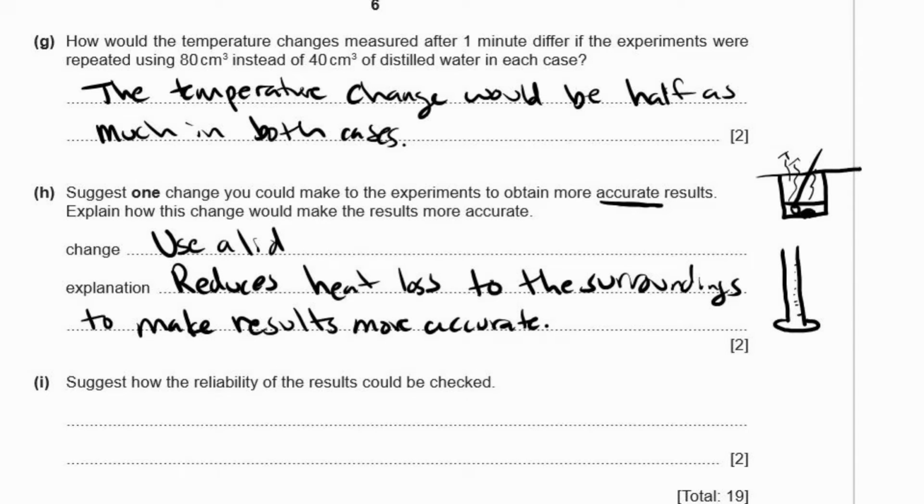You can improve the accuracy by measuring the volume using a pipette or a burette, because the diameter, the section that is measuring it, is a lot wider in a graduated cylinder than in a pipette or a burette. So that is a way to improve the accuracy for any experiment measuring the solution with a measuring cylinder, is to use a pipette or a burette.